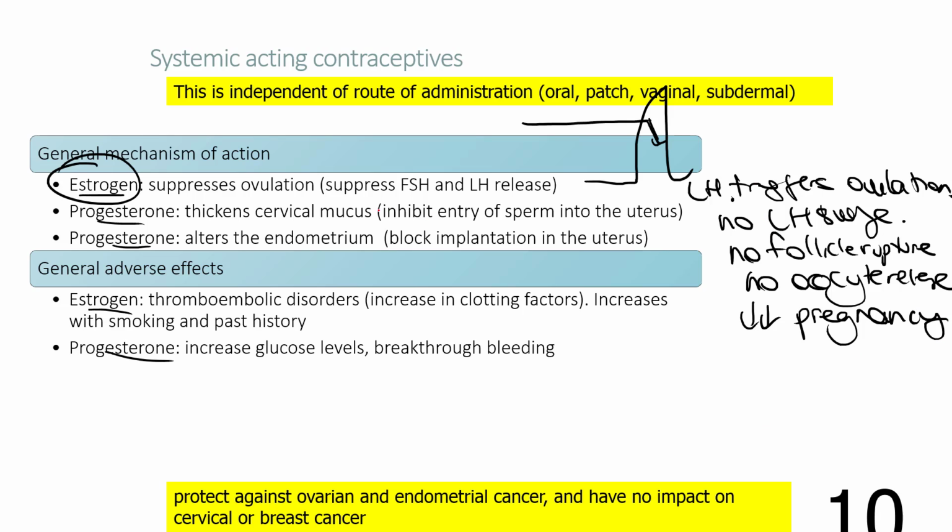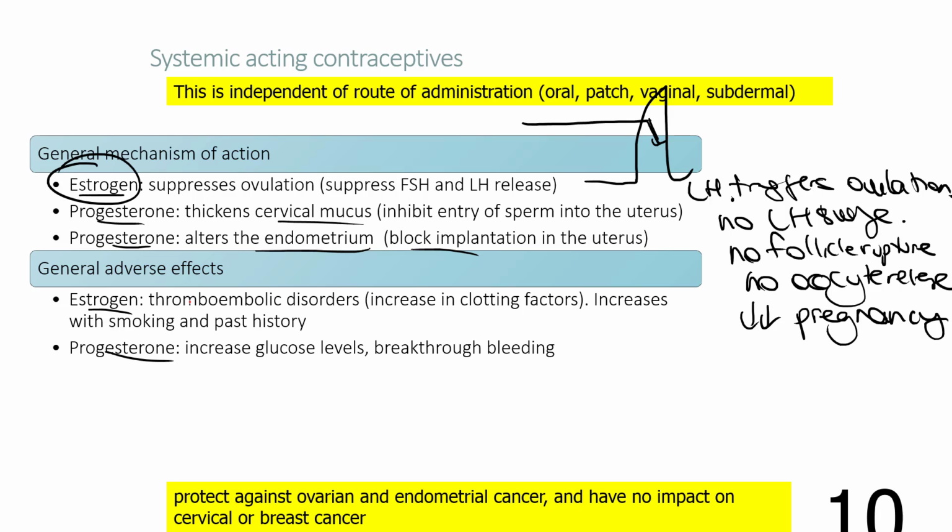Right? Progesterone thickens the cervical mucus in contraceptives, and so it blocks the entry. It forms a physical barrier, stops the sperm from entering into the uterus, and it also changes the endometrium so that it isn't as healthy or as strong as if contraceptives were not taken, and it serves to block implantation in the uterus.